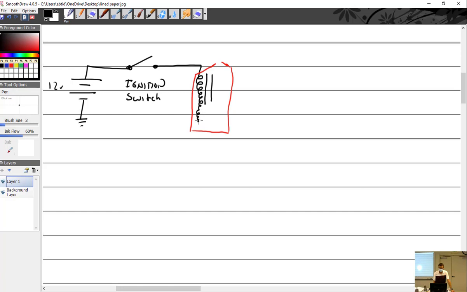And of course, a little wire would come over here, and we're going to run through one of these things, and then lots and lots of windings. Ground that out. And then we'll have it come out of here.